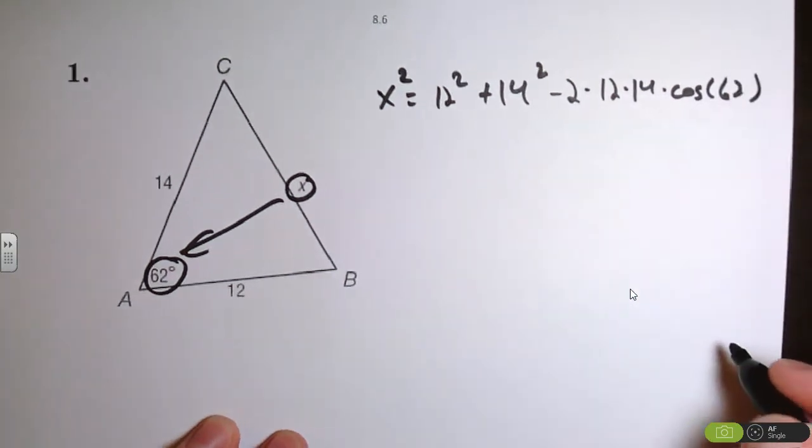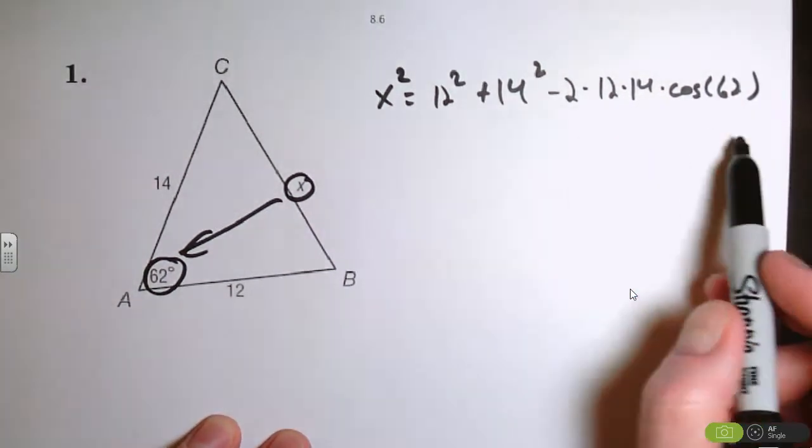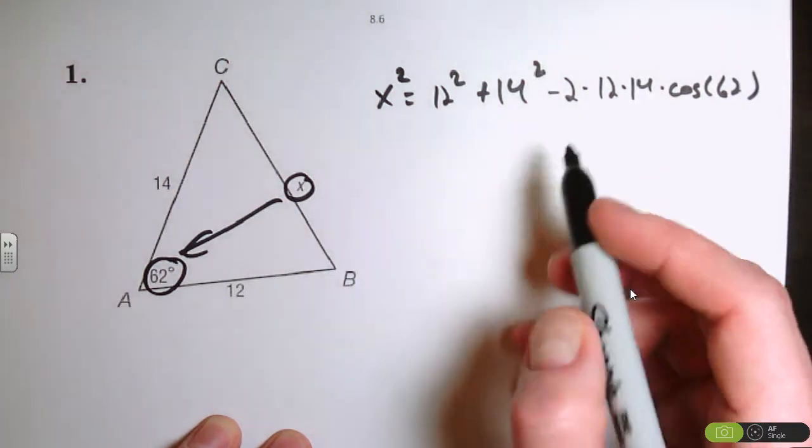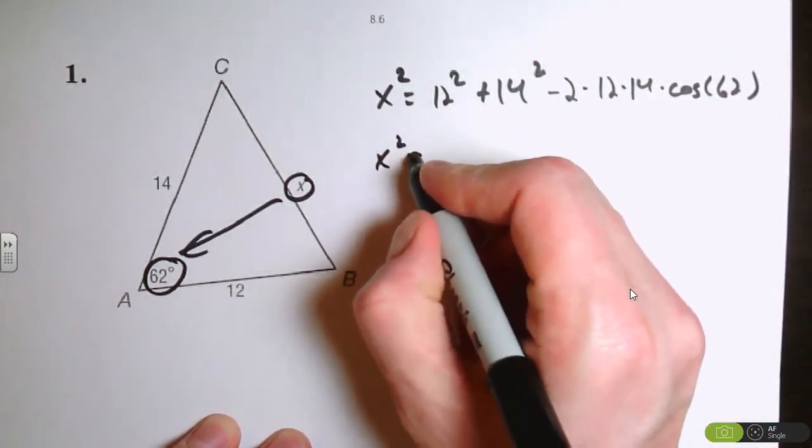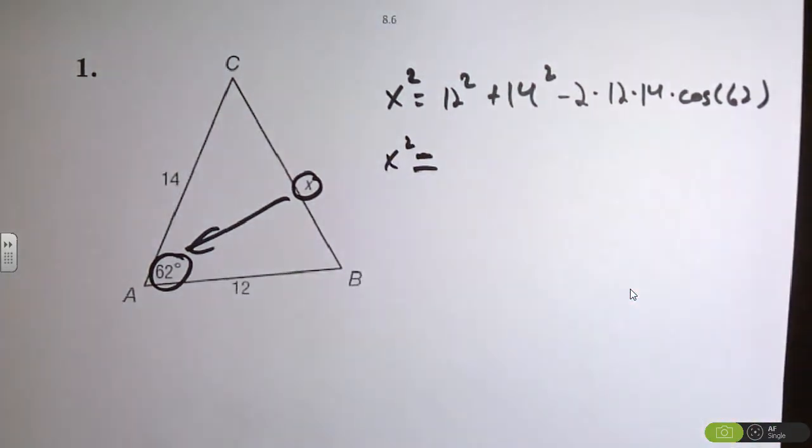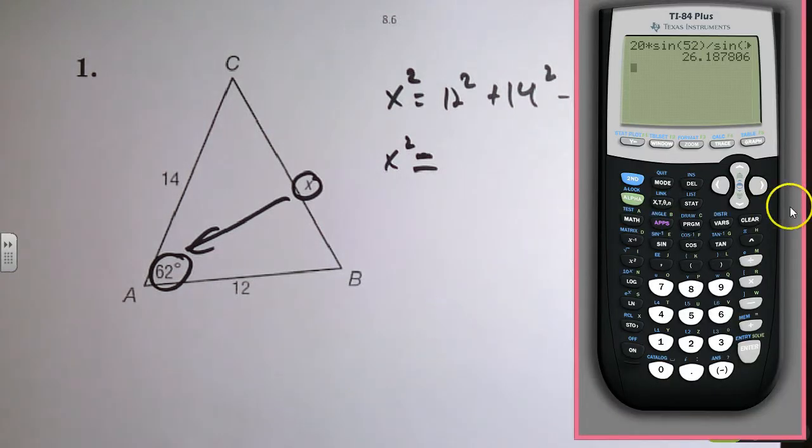Okay. Now the nice thing about this is I can throw all this into the calculator at once and find out what it's equal to. So get my calculator out. 12 squared plus 14 squared minus 2 times 12 times 14 times cosine of 62.